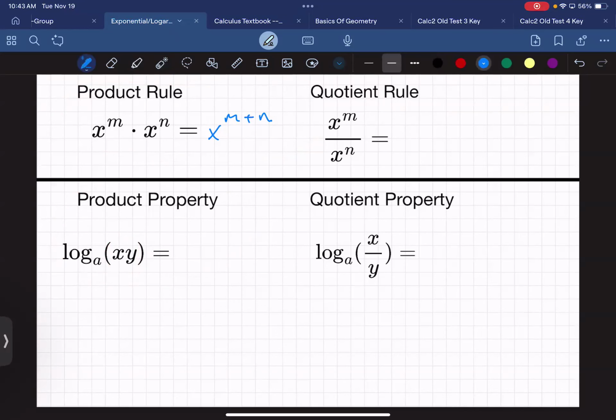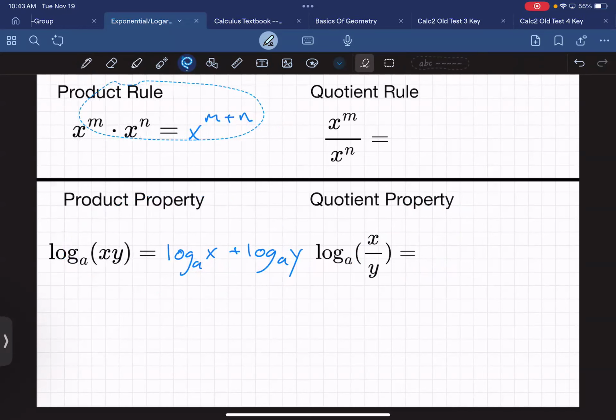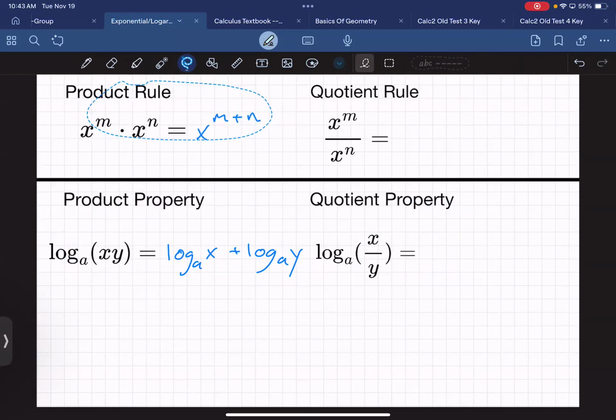I can use the product rule by saying, hey, I can take one logarithm and write it as two separate logarithms. That's what we're going to call the product property of logarithms.